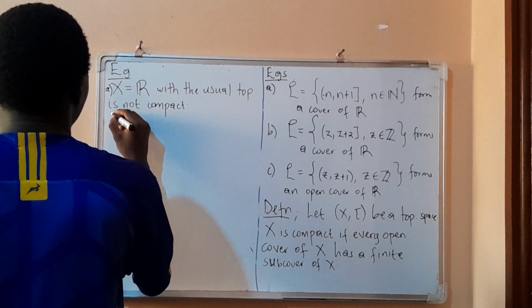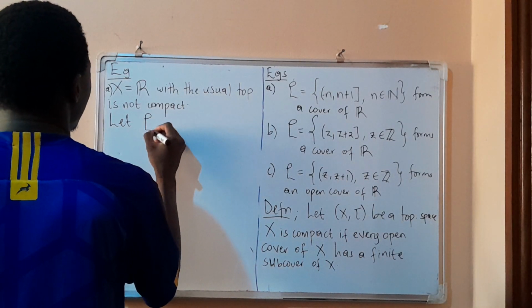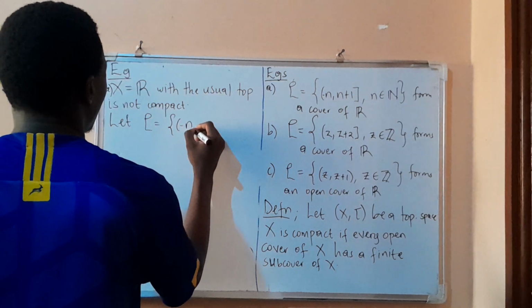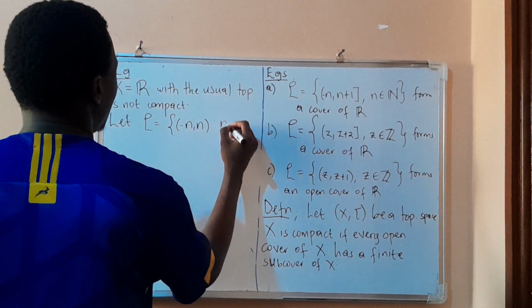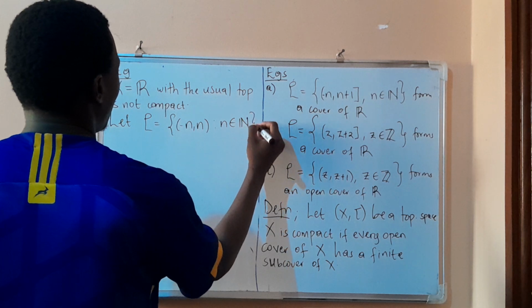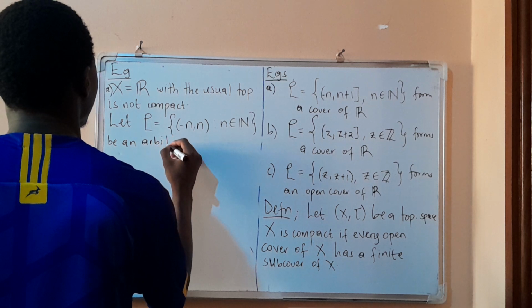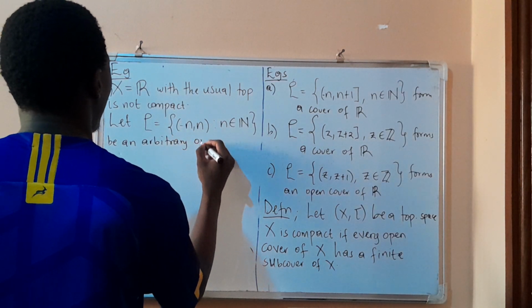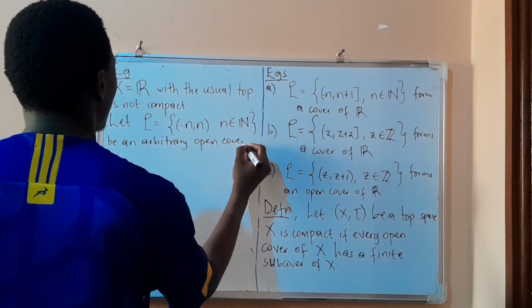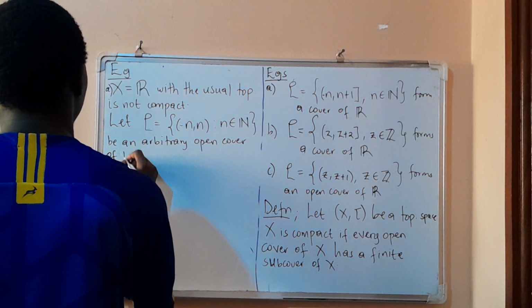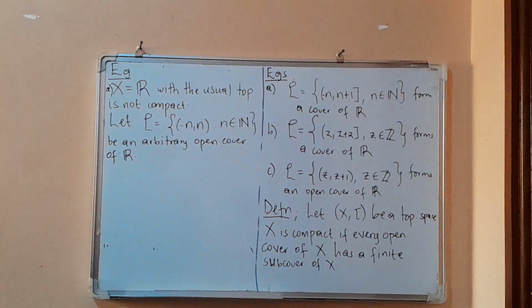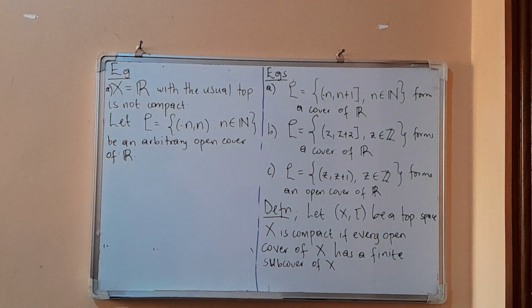We are going to let the sets indexed by n, where n is a natural number, be an arbitrary open cover of R. We are going to show that it has no finite subcover.